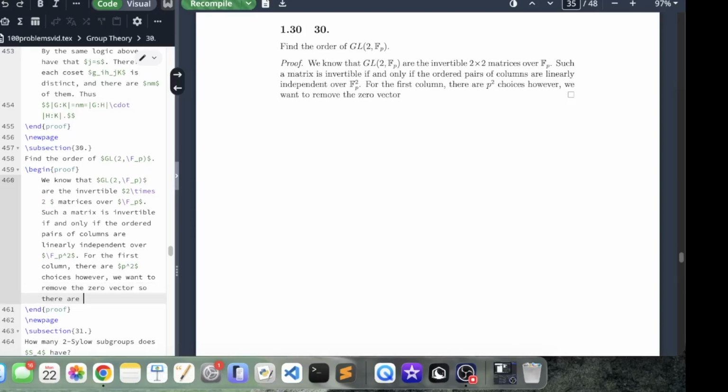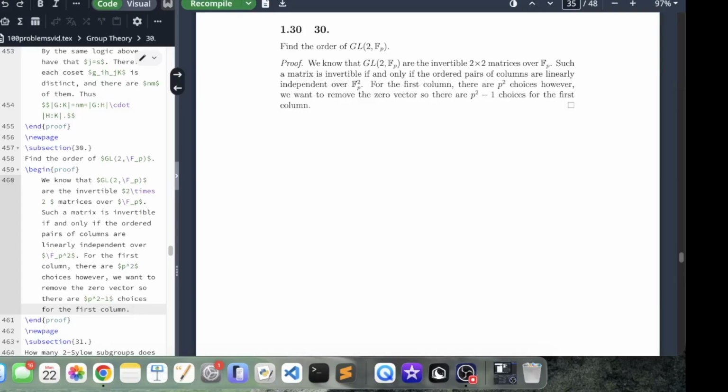So there are p squared minus 1 choices for the first column, because there are p squared elements in F_p squared. Okay. And we're going to let v be the non-zero vector representing the first column.